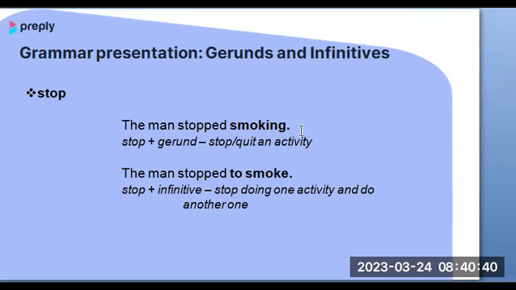On the other hand, if you say the man stopped to smoke, the context is important here. This means that the man, for example, is walking on the street, and then he stopped walking and then he smoked. Stop walking to smoke. So there are two activities involved here.